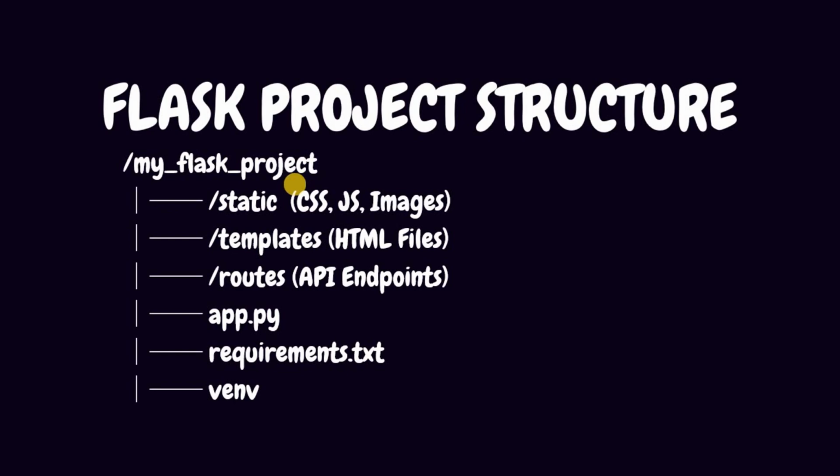Then we also have a virtual environment to keep all of our project's libraries isolated from the system Python installation. This is how we can structure our Flask projects inside of Python.